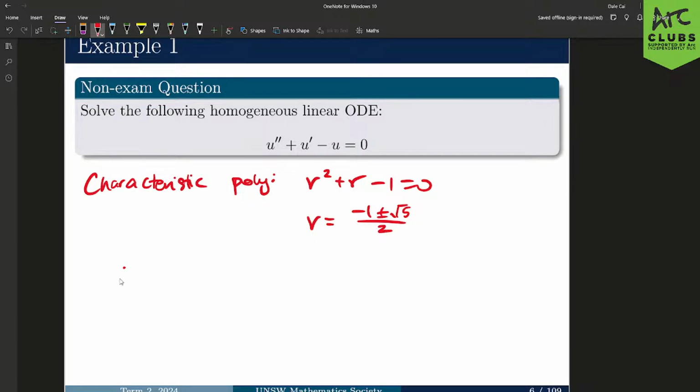Therefore, we have two solutions. We have u1 of x, which is e to the, let's take one of the roots, the positive version, of x. And u2 of x is e to the other root.